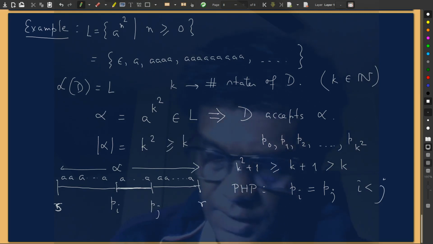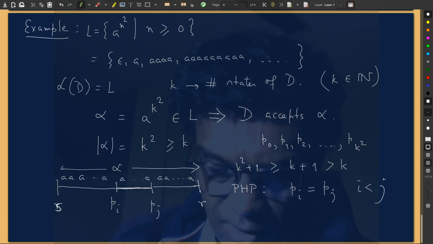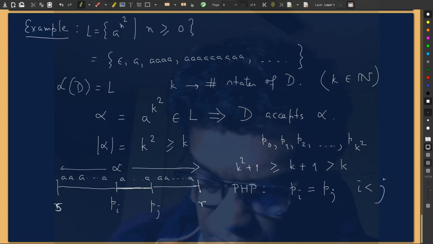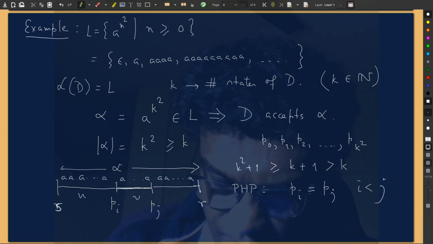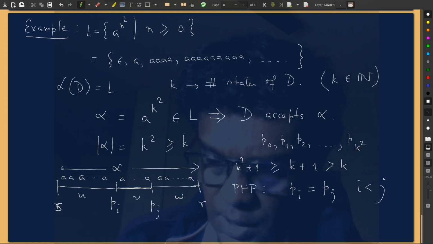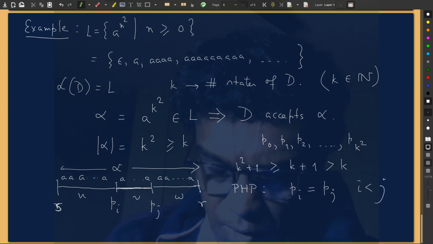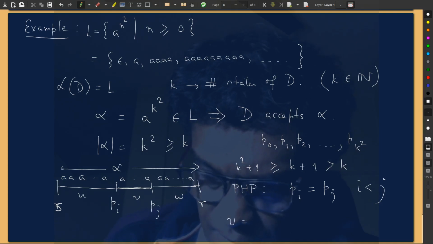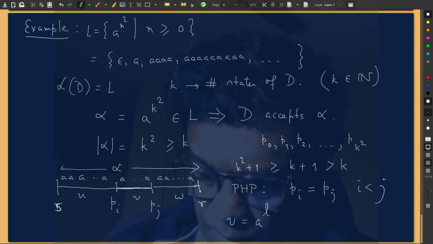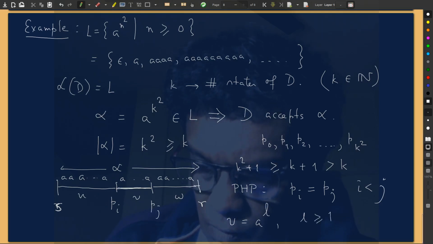The proof is exactly the same as in the earlier case. So in particular, this part let us call u, v, w. So u is a power something, v is, let's say, a power l, where l is greater than or equal to 1.